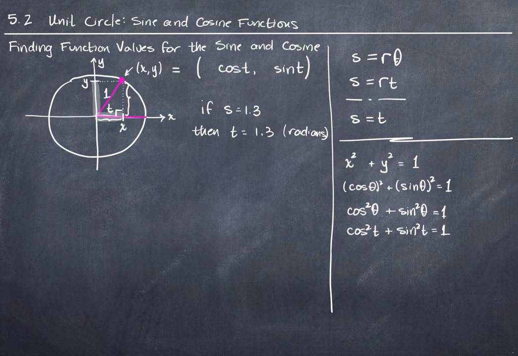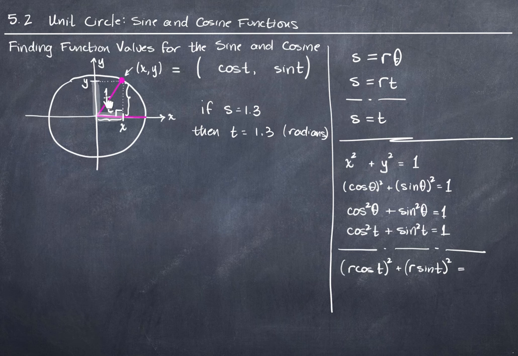You might be wondering what happens when the radius is not 1. Well, then you still have an r in place. So there, instead of x equals cosine theta, I would have x equals r cosine theta. I think I'll stick with t here because I want to be consistent with the way your textbook is writing this. Plus, for y, I'll have r sine of t, and that's all squared. But that's going to be equal to the radius squared, right? The formula is x squared plus y squared equals r squared.